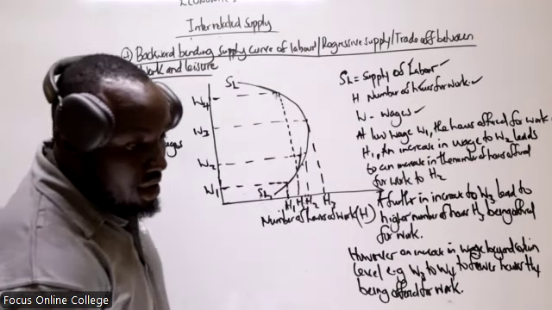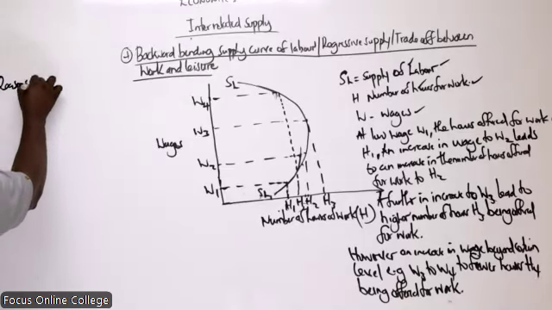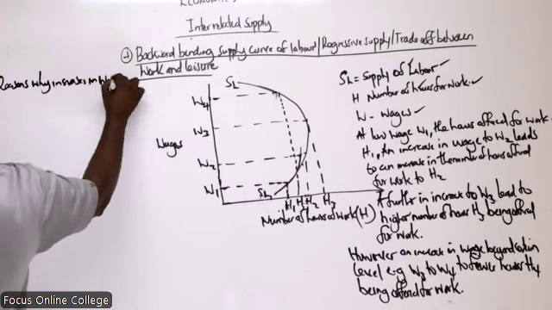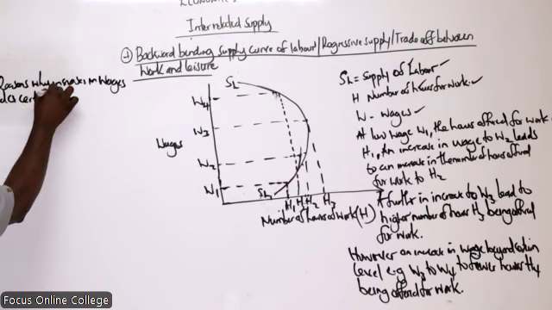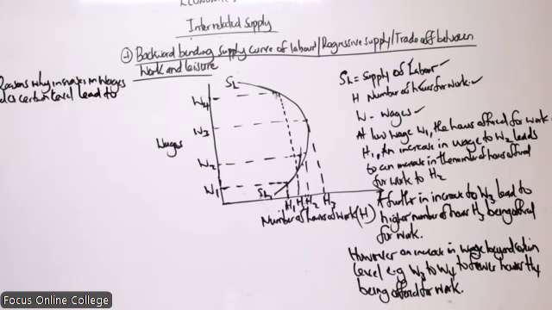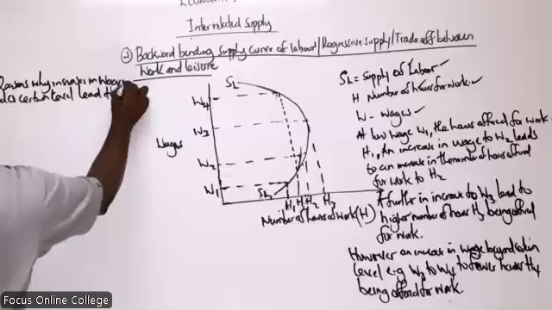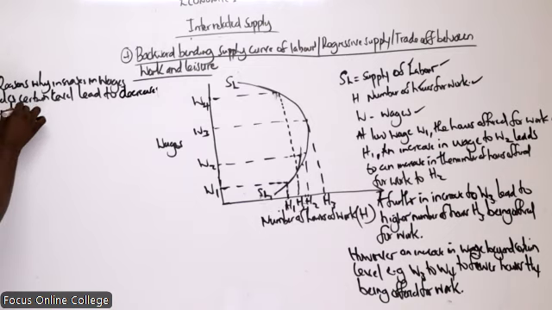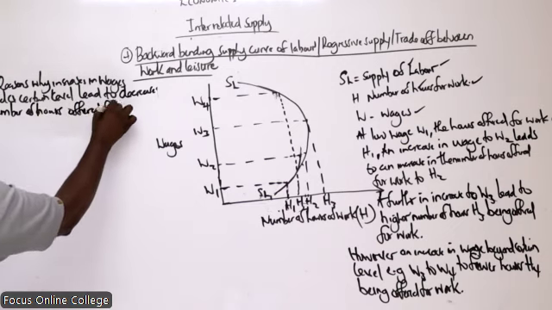We talk about the reasons why an increase in wage beyond a certain level leads to a decrease in the number of hours offered for work.